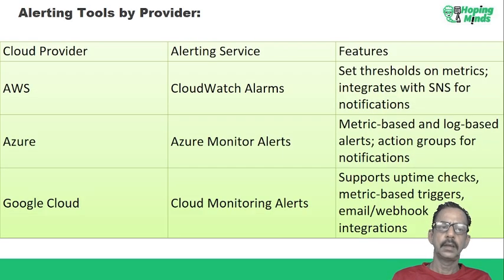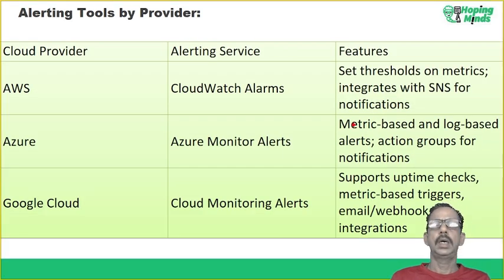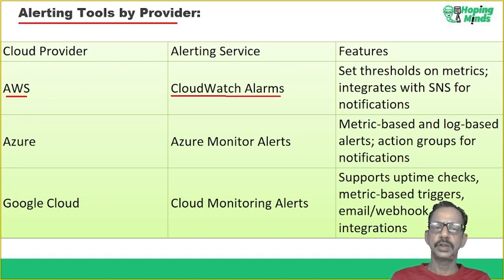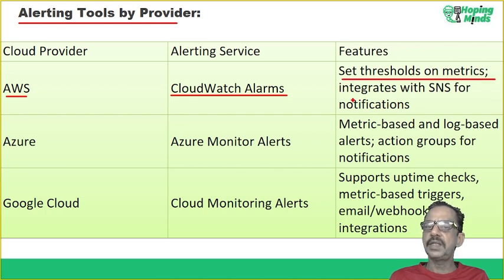These are the alerting tools. In AWS, it's CloudWatch. We can set an alarm there, set the threshold on the metric, integrated with SNS for notification. In Azure Monitor, we can create the alert there.